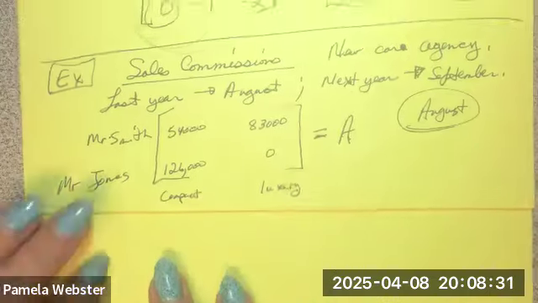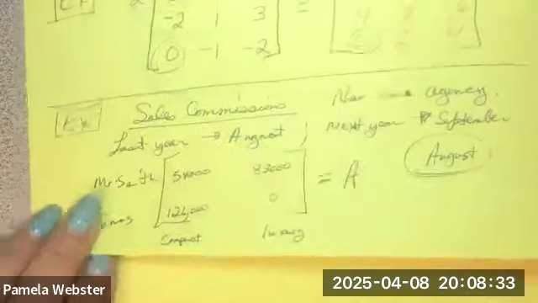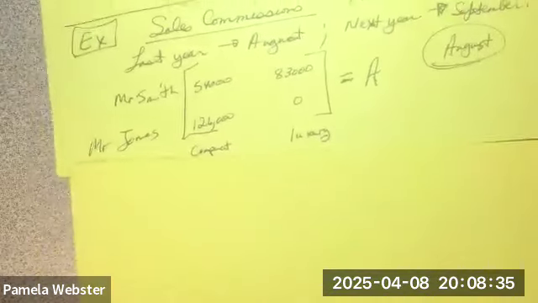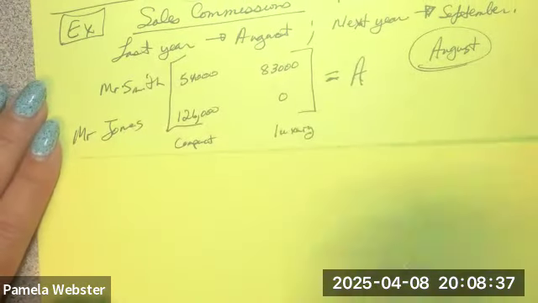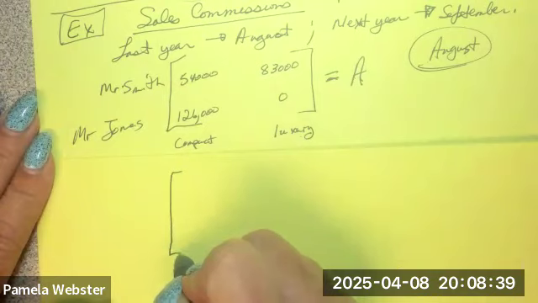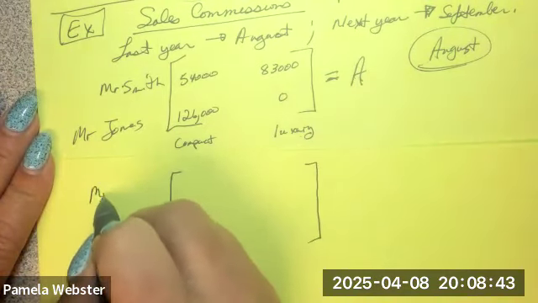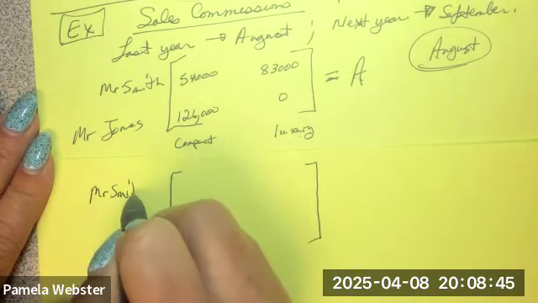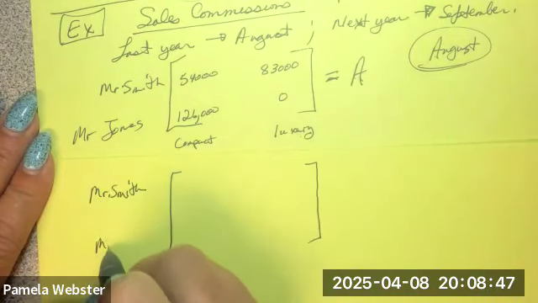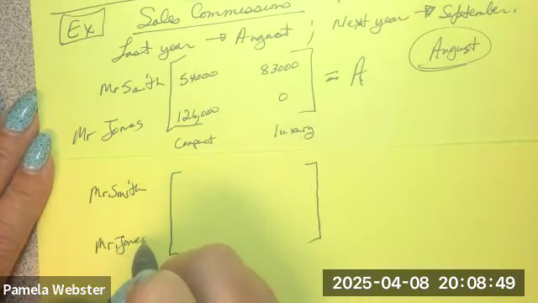Okay, there's my August stuff, and then they have a matrix for September. It's the same thing. The first column is compact, the second column is luxury. The first row is still Mr. Smith, the second row is still Mr. Jones.